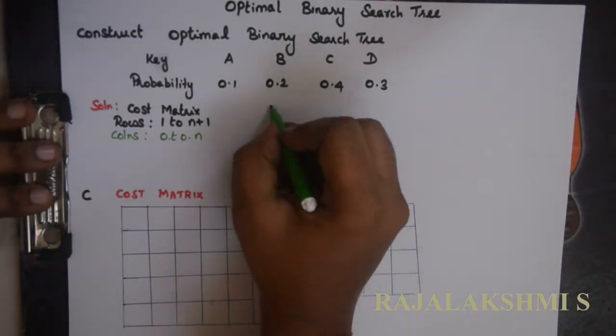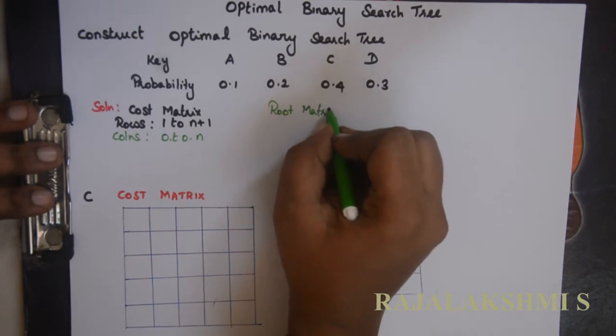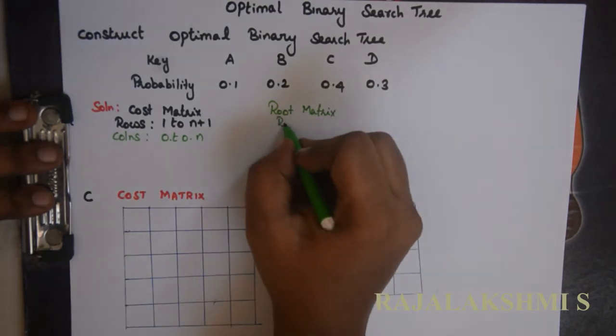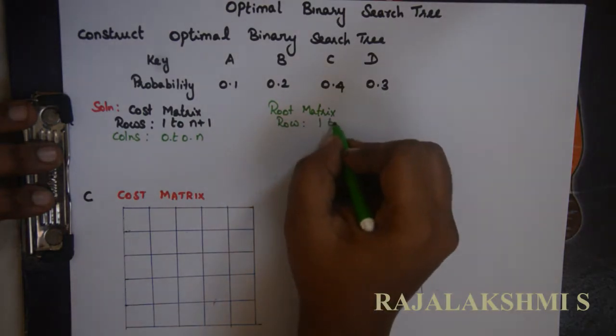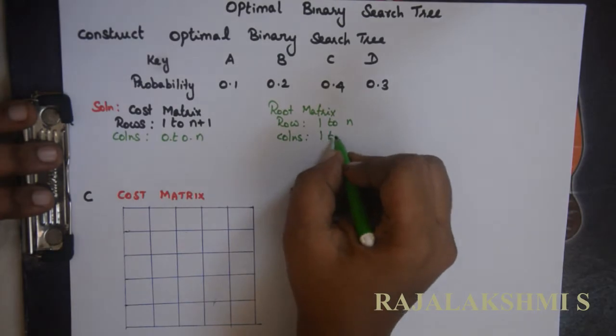Similarly, for the root matrix, rows range from 1 to n and columns range from 1 to n.